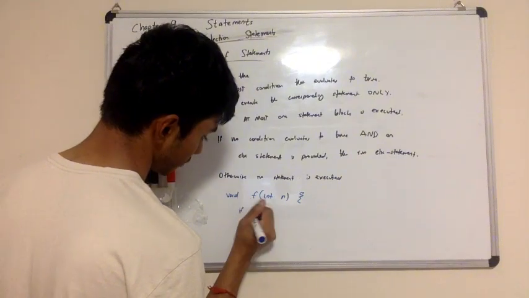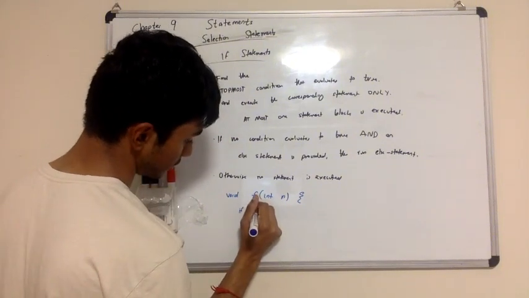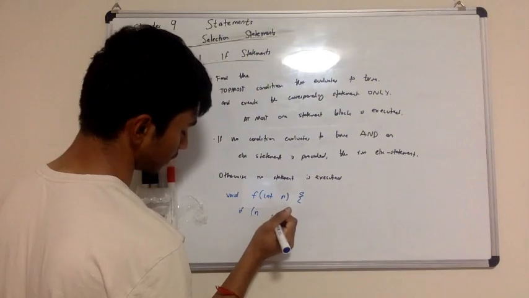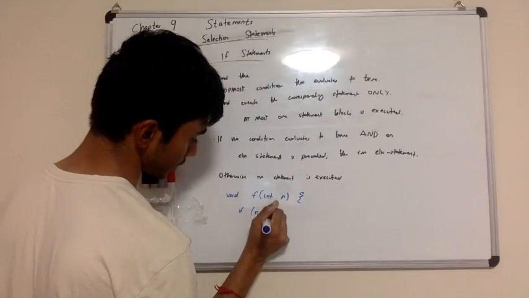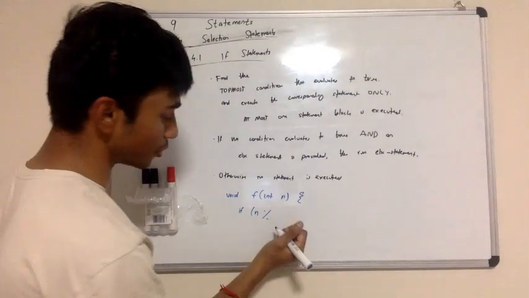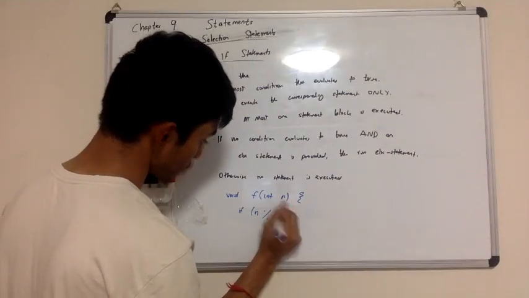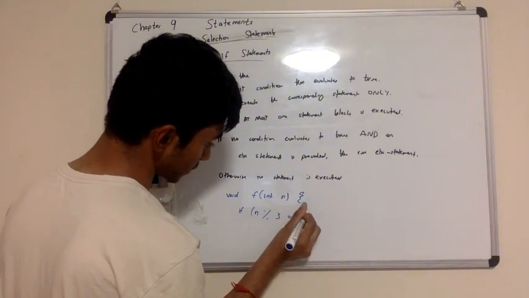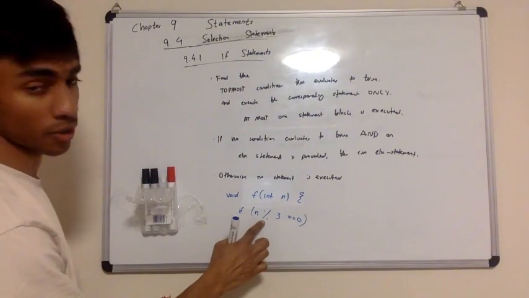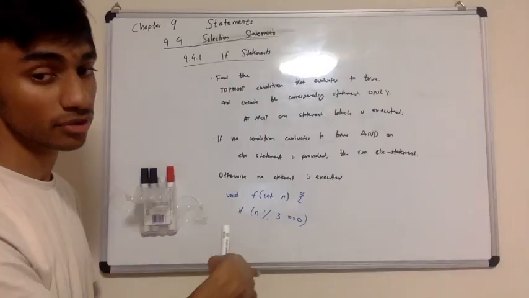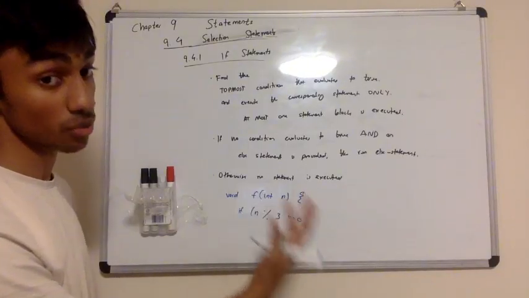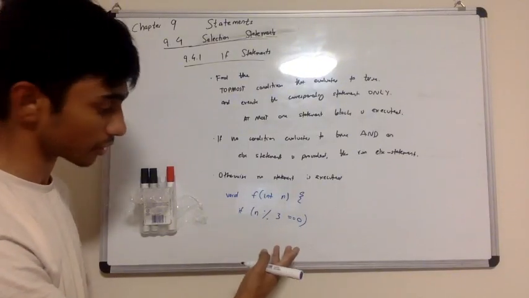We can say something like if n is divisible by 3, the operator for that is the percentage sign, modulo, and we say equals 0, because the modulo operator gives the remainder after you divide n by 3. So if it's 0, you know that n is divisible by 3.